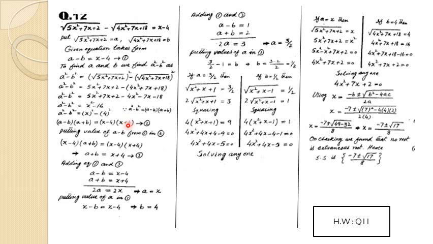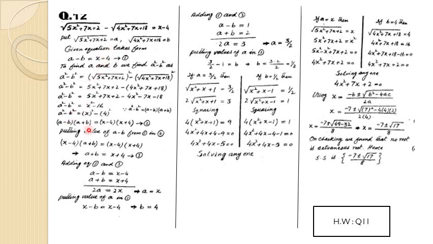Okay. Now put it back in the equation, x plus 4 here, x minus 4, a plus b. Putting the value of a minus b from equation number 1, a minus b, x minus 4. Okay.